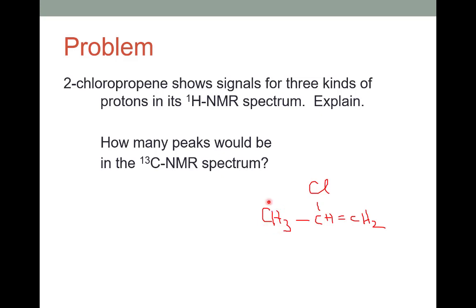This methyl group would count as one signal on my carbon NMR. Now, this carbon in the middle is in a distinctly unique position. It's taking part in a double bond, and it's connected to a chlorine. So that would be a second distinct signal that I would see. And thirdly, I have this other carbon off to the side.